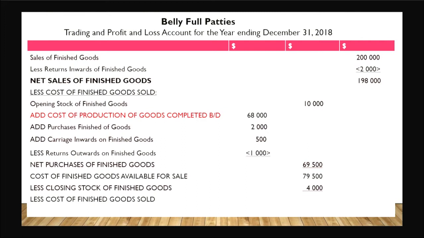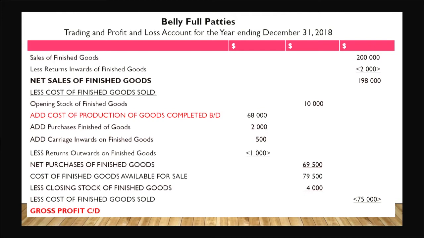We are going to less our closing stock of finished goods, in this case, a figure of $4,000, from our cost of finished goods available for sale. And that will give us our cost of finished goods sold, an amount of $75,500. Pretty similar to that of a sole trader's trading account, isn't it? We will now less our cost of finished goods sold, which is $75,000, from our net sales, and that will give us our gross profit.